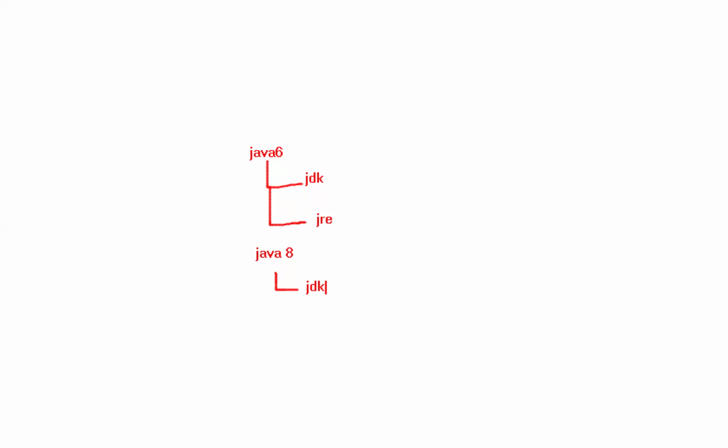JDK folder. Inside this JDK folder only, what is also inbuilt? JRE. So today, how many folders will you get? A single folder. What is the single folder? JDK. Earlier, you had two, JDK and JRE.